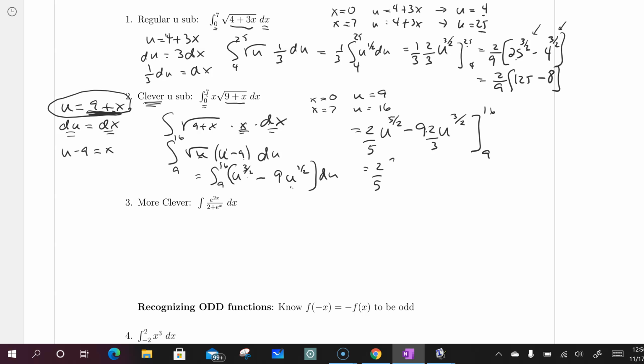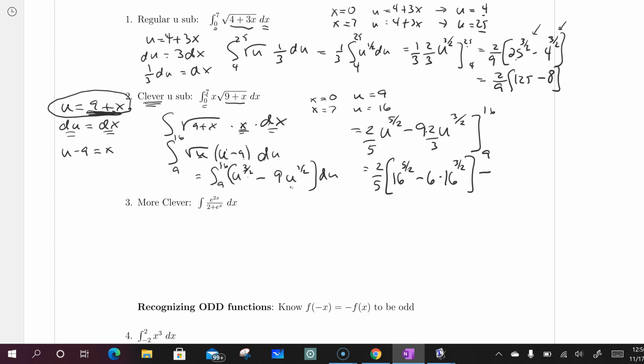So 2/5, so I'll have 16 to the 5/2 minus 18, oh, I guess I should fix that, right? So this is 6, right? Because cancel the 3's. Then I get 16 to the 3/2.